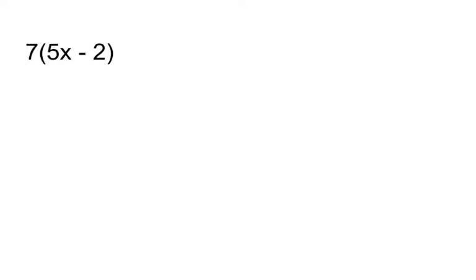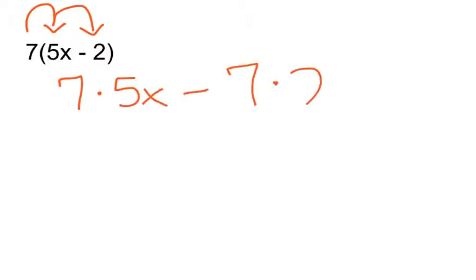Let me show you an example. Here is a 7 in front of a set of parentheses, 5x minus 2. The distributive property says that I am going to distribute the factor, and since it's a factor, that means multiplication, to each part inside the parentheses. So this written out would be 7 times 5x minus 7 times 2.